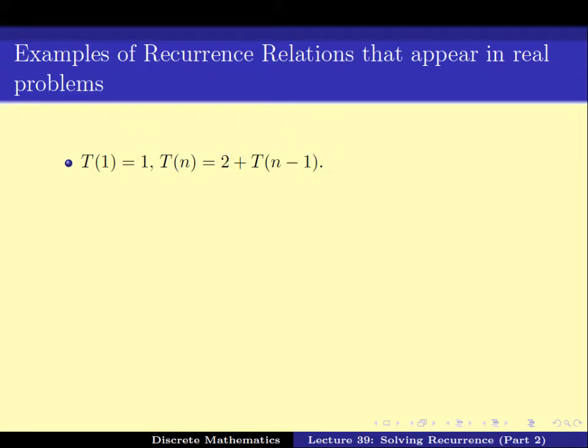Say for example, t1 equals 1 and tn equals 2 plus tn minus 1. Or t1 equals 2 and t2 equals 3 and tn equals tn minus 2 plus tn minus 1.